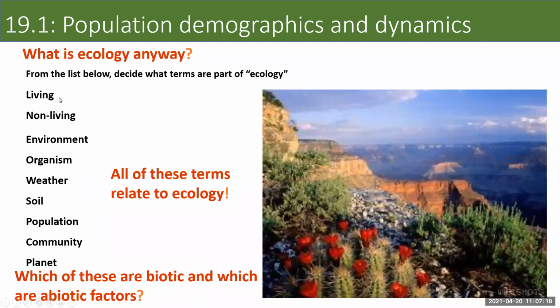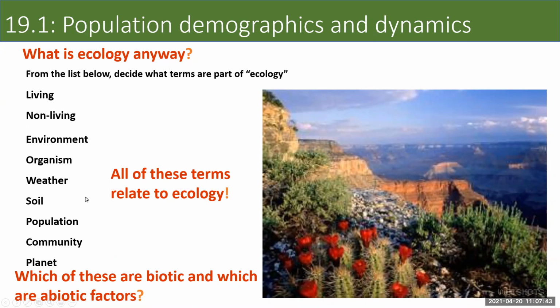All right, so hopefully living and non-living is obvious, right? So living's biotic, non-living's abiotic. Your environment, your weather, your soil, and if you're thinking about the planet just in terms of the planet and not the organisms that live on it, then those are your abiotic factors, your non-living factors, right?